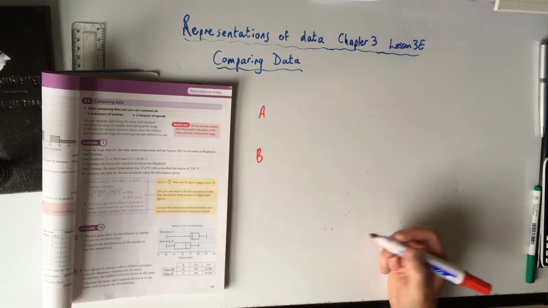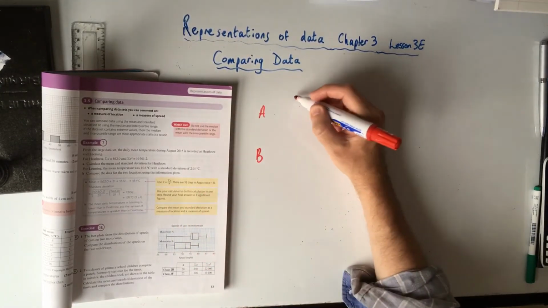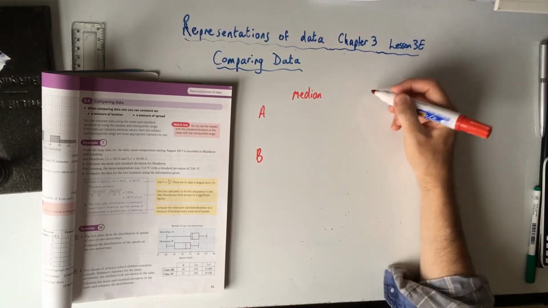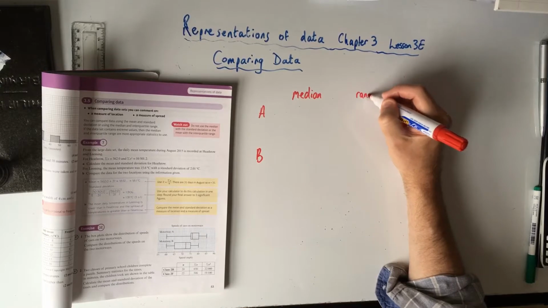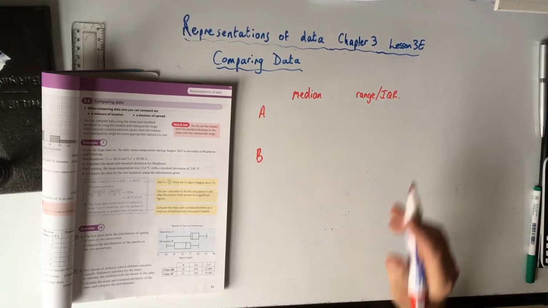So in the exam, what would you say? You would compare here, because you've got box plots, you've got the median, and you've got the range or the interquartile range you can comment on. I'll talk about that in a second.